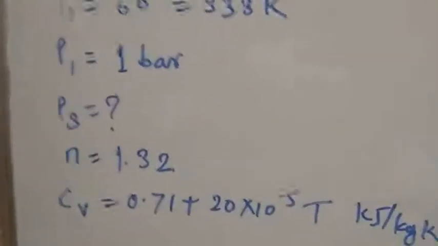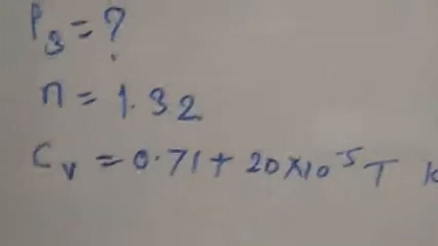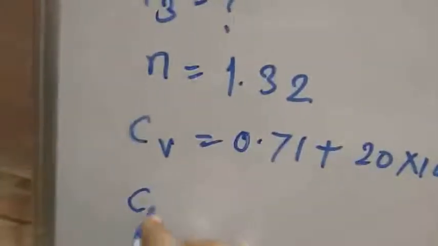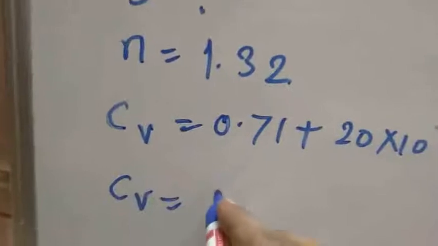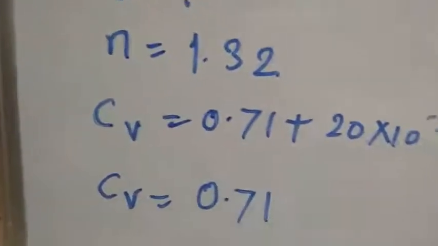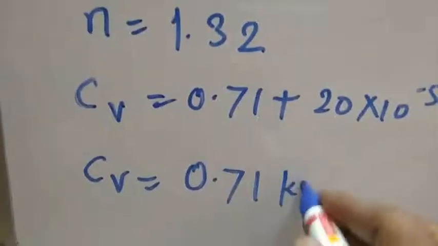Compare this value with that of a constant specific heat. So we need to compare the value of the maximum pressure when the specific heat remains constant at 0.71 kilojoule per kg Kelvin.